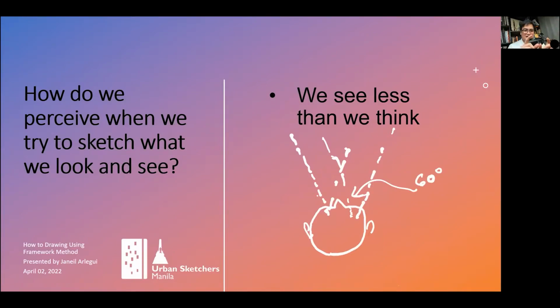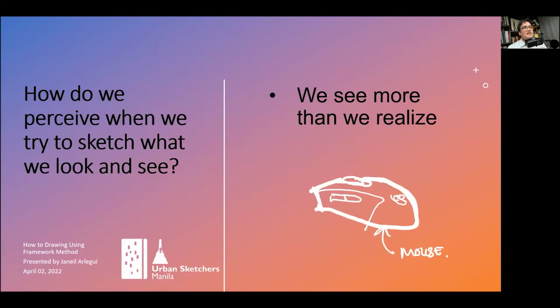As I explained, it's just a small percentage of what we see, and then we see more than we realize. Okay, so what does he mean by that? We piece the fragmented elements, one segment at a time, into a sketch. So when we sketch, we actually record everything that we see.